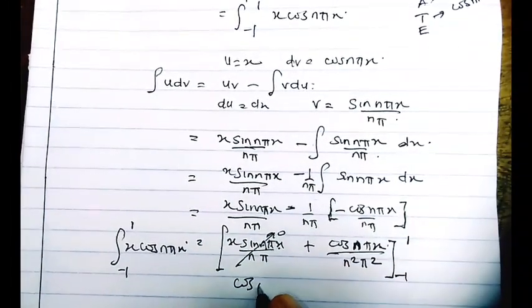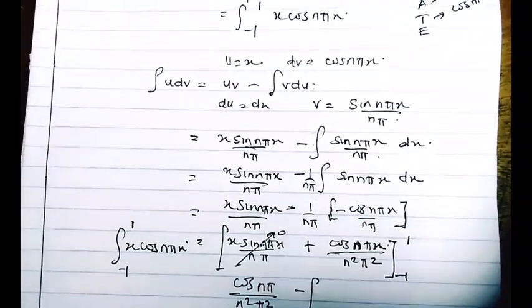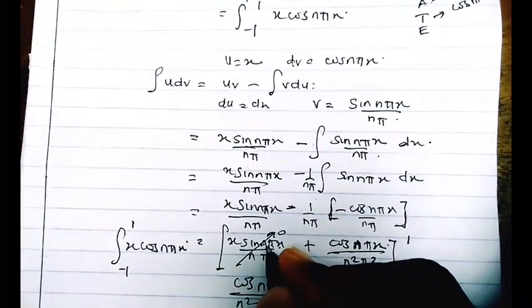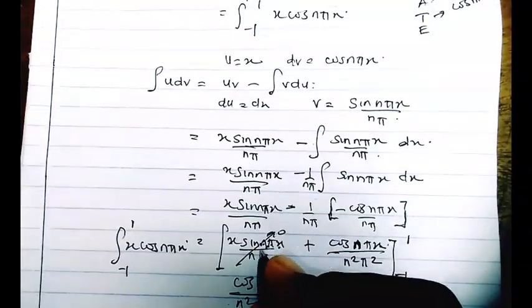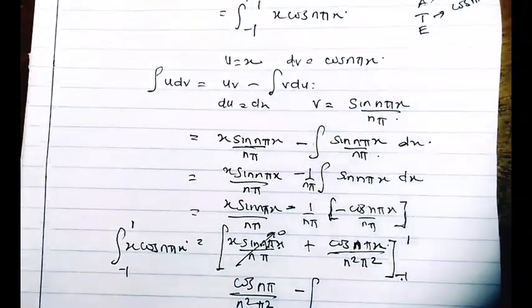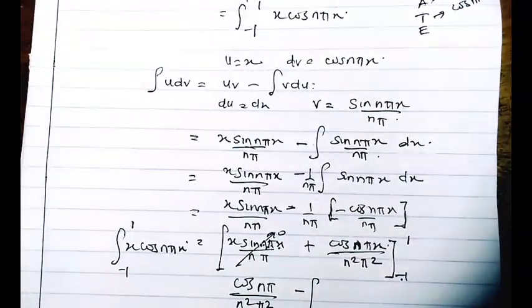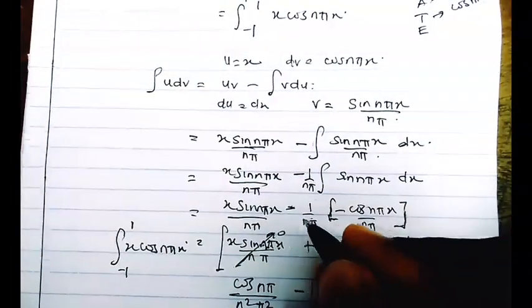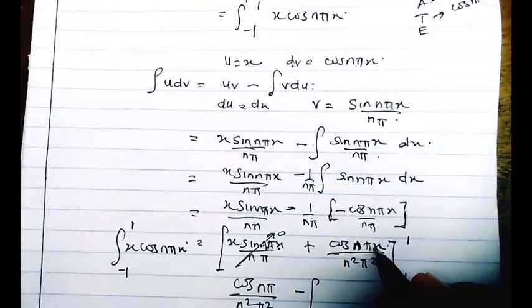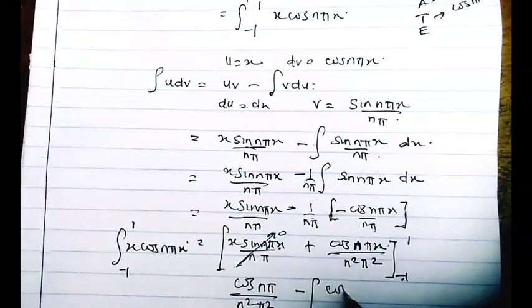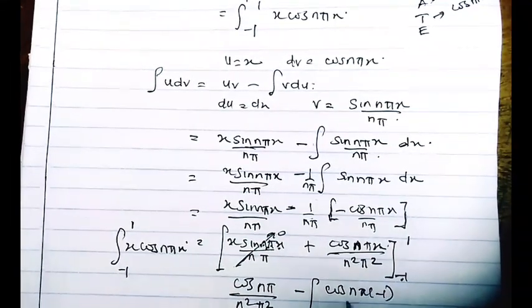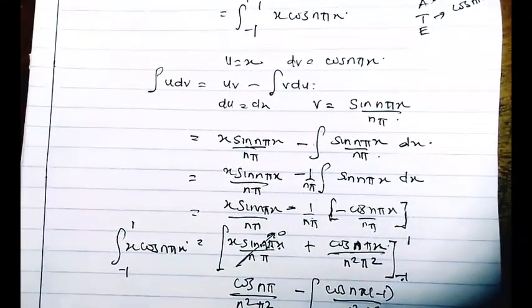So this is cos n pi divided by n square pi square, right? Minus, so we do for minus 1. So putting minus 1 here also, this is the same thing as minus sine minus n pi. And remember, despite the value of your minus 1 changing, this also gives me 0. Putting minus 1 here, this is cos n pi minus 1 divided by pi square n square.